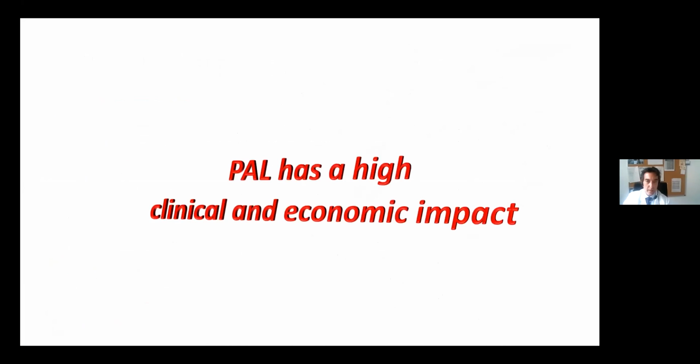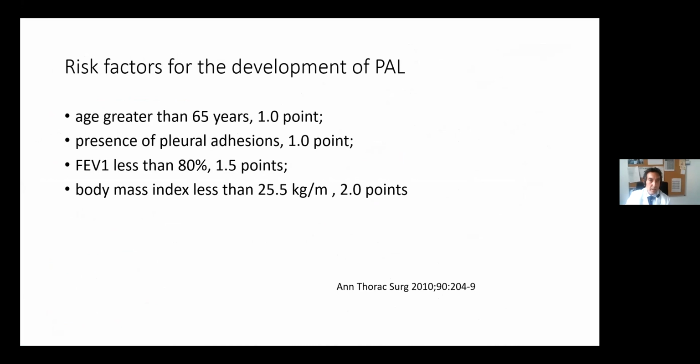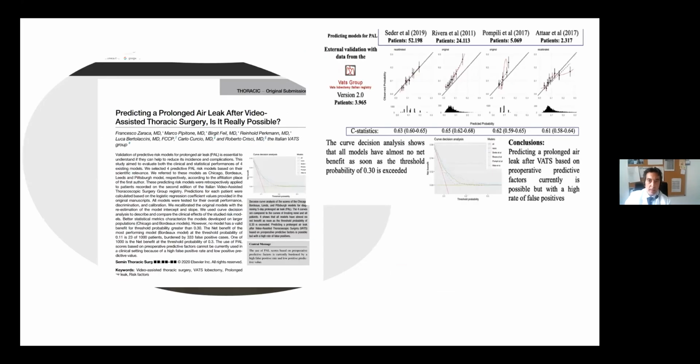Anyway, in a few words, of course, prolonged air leak has a high clinical and economic impact. So the patient selection, Alex gave us a wonderful speech about risk factors. And we are going anyway to publish in the near future the Italian VATS group score based on about 10,000 patients, analyzing our VATS group registry.